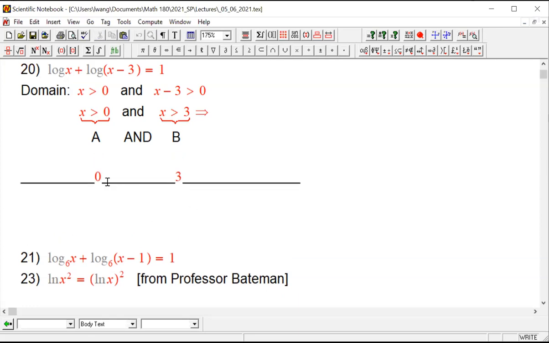Okay, so when I was putting these symbols there, larger than 0 means what? Larger than 0. From 0 to the right. These are the places that if you pick those numbers, it will make A true.